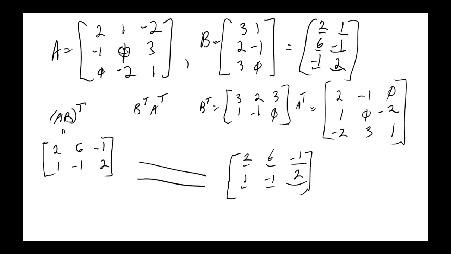Now let's get to another situation that you might find interesting. Let's do a matrix A: 1, 3, 0, -2, -2, -1.